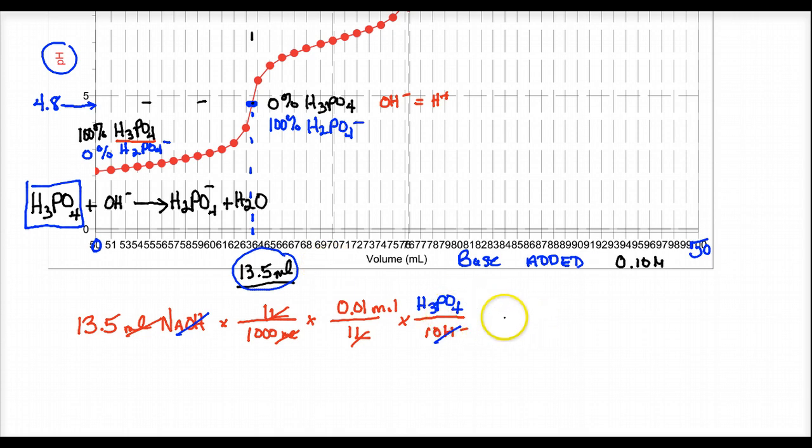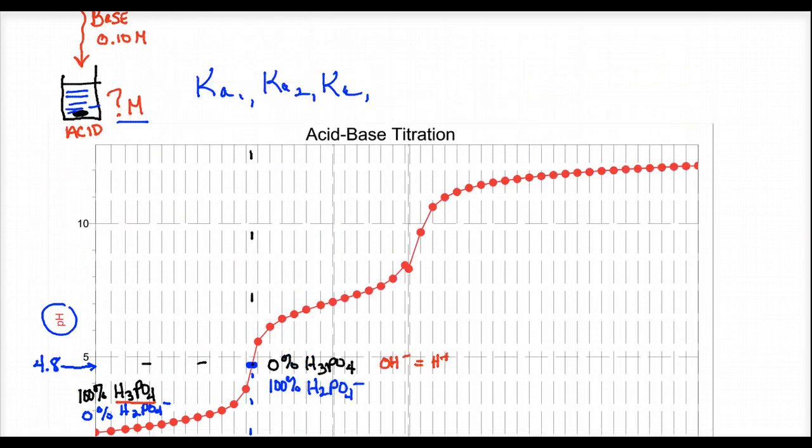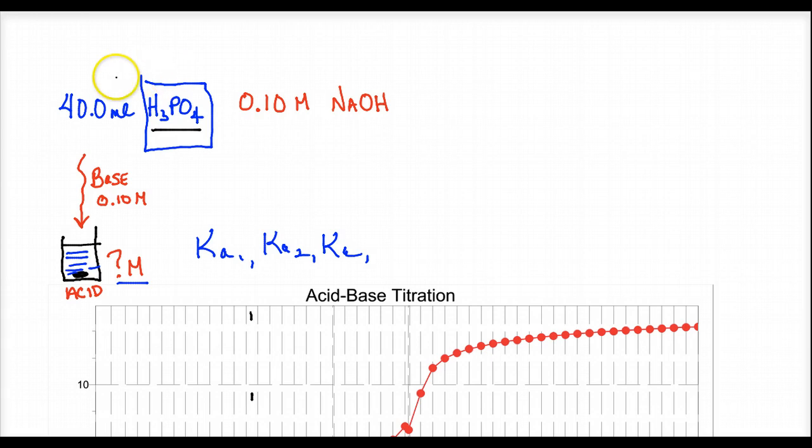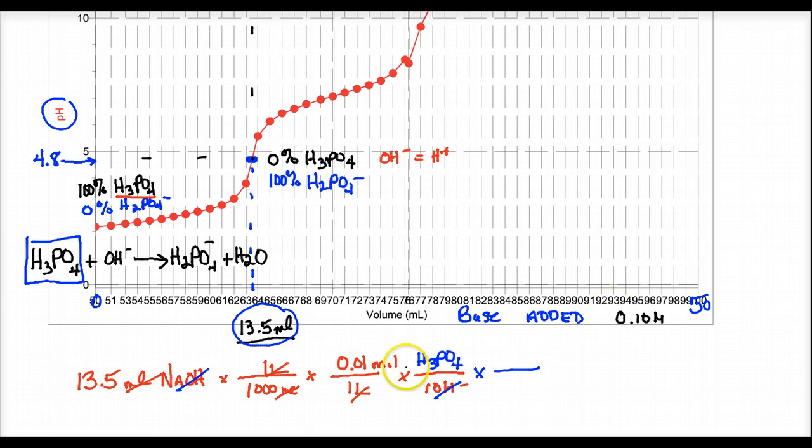Okay? And what I'm going to do is divide by the volume. The volume of phosphoric acid that we had in the beaker was 40 milliliters, or 0.040 liters. That's the equivalent. And this would give me my concentration of my acid. Let's put that in our calculator.